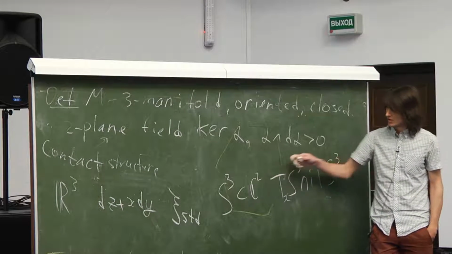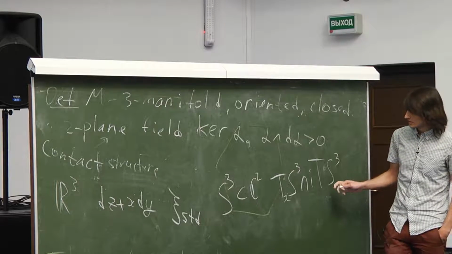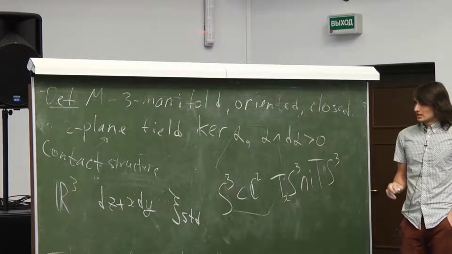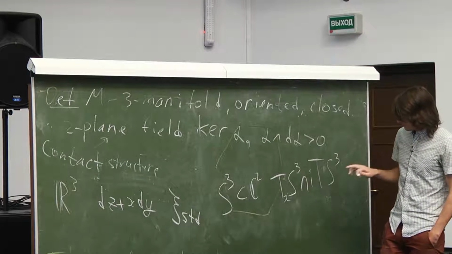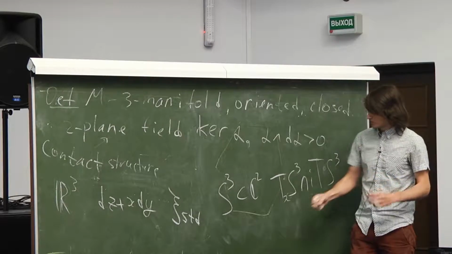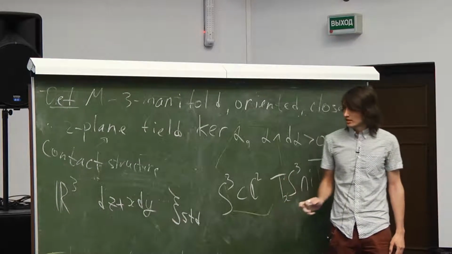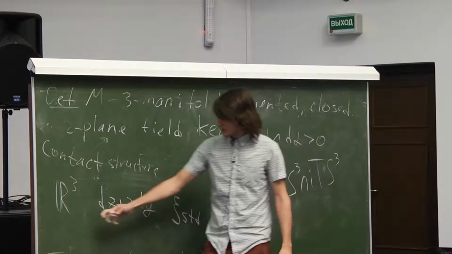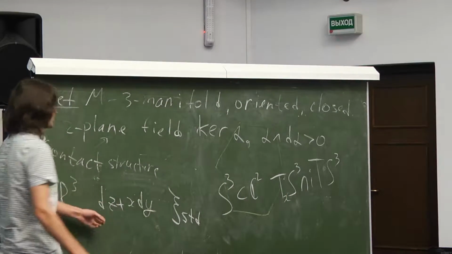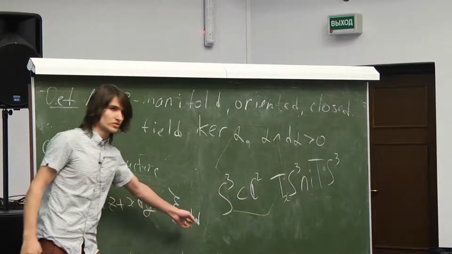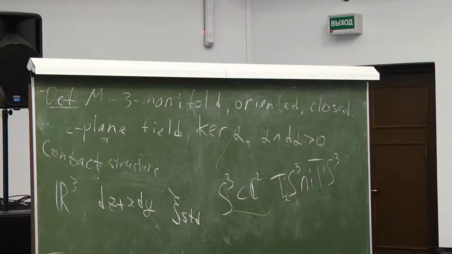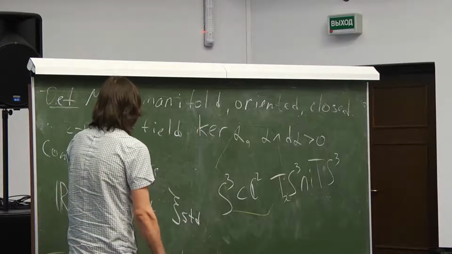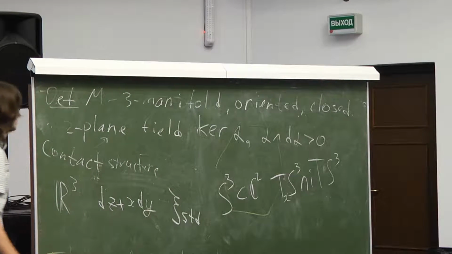This is a two-dimensional field in S3, and it is a contact structure. If you remove one point from S3, then you obtain R3 with the standard contact structure, by some change of coordinates. So these are almost equivalent contact structures.